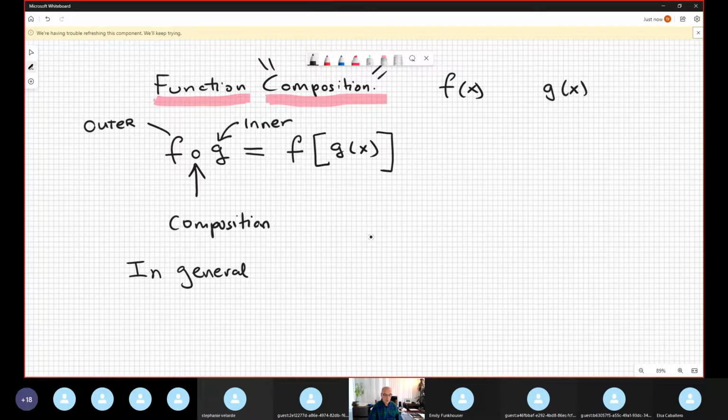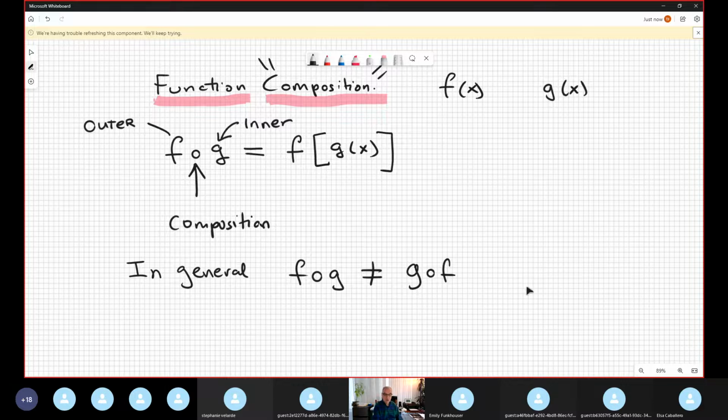In particular cases maybe not, but in general, the composition in this order is not equal to the composition in the other order. And students, because I have taught this several times, believe this circle is multiplication. No, it's composition, one function inside another function. So in general, not equal. In one particular example, maybe yes, but in general, no.